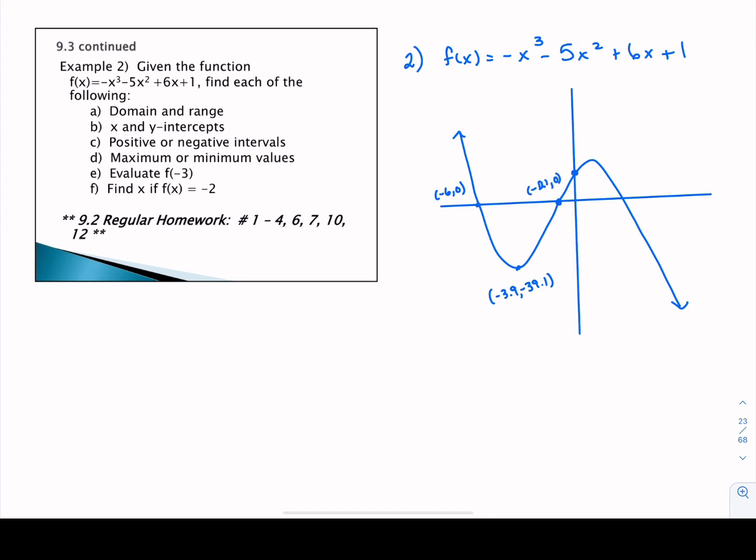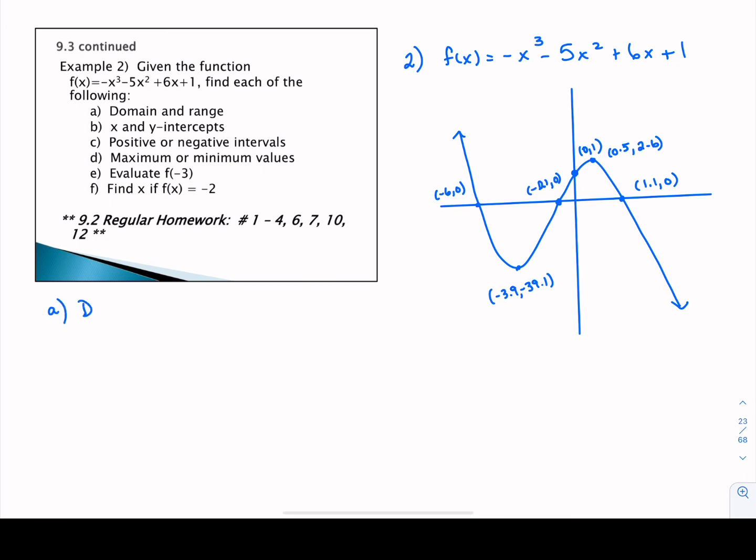We have a y-intercept of 0, 1, so lots of confusing points with all these ones. We have a maximum here of 0.5 and 2.6, and we have another intercept, our third intercept, at the coordinate 1.10. So now that we've got all of these critical points mapped out, it makes the analysis part very easy.